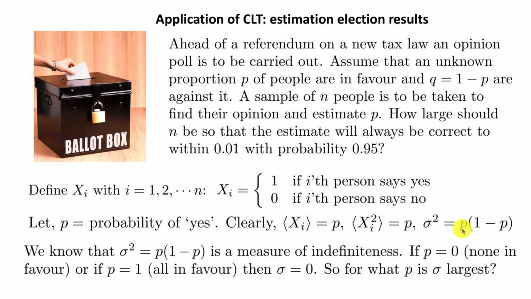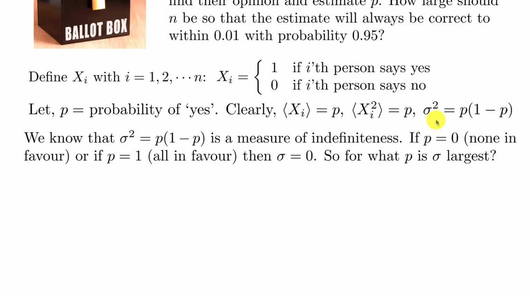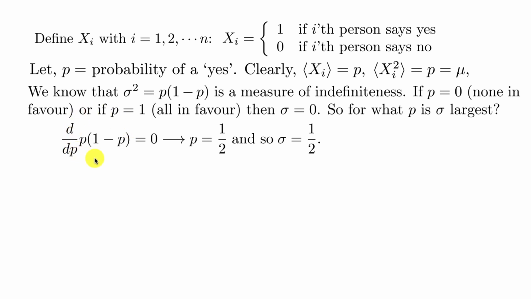Actually, you can pretty much see the answer, because when P is 0, this is 0, and when P is 1, this is 0, and so the maximum value of sigma squared, the maximum uncertainty, will lie somewhere in between. Let's see. The derivative of the function has to be 0, which means P is equal to half, and so sigma, which is square root of P into Q, that's square root of half into half, and that's a half.